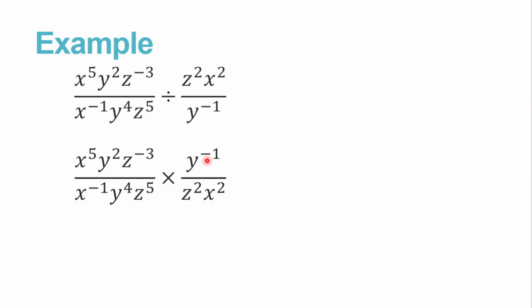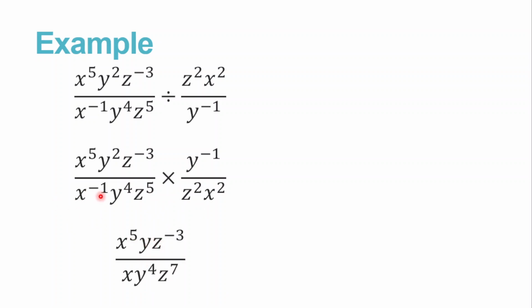When we multiply the same variable with different exponents, you're just simply going to add the exponents, so that will give you 2 plus negative 1, that will give you 1. And let's have the bottom also, let's see, we have something here.